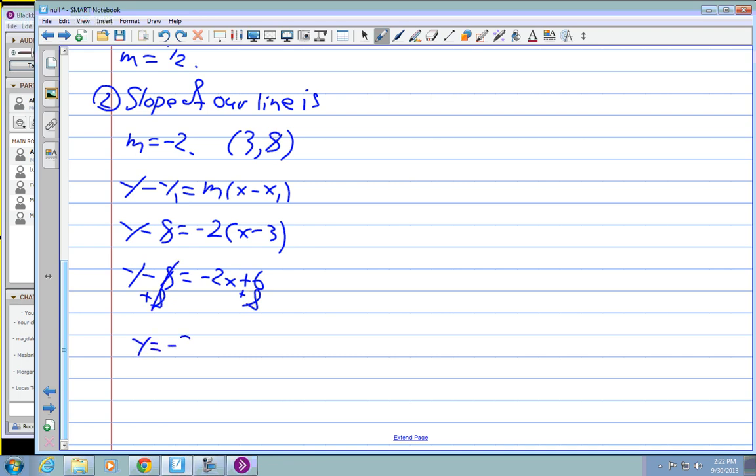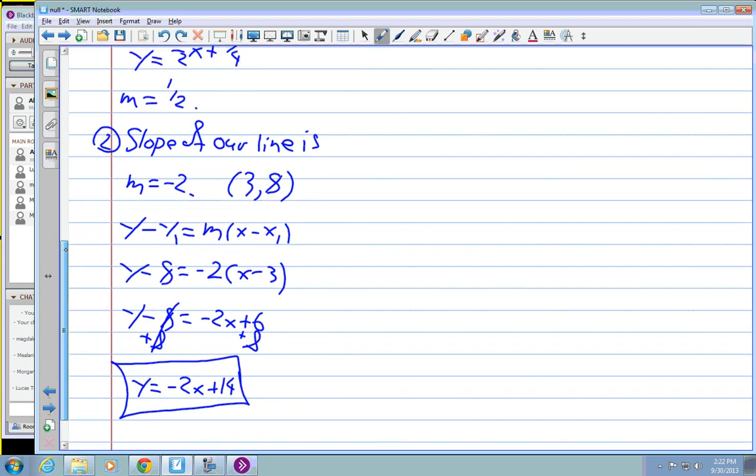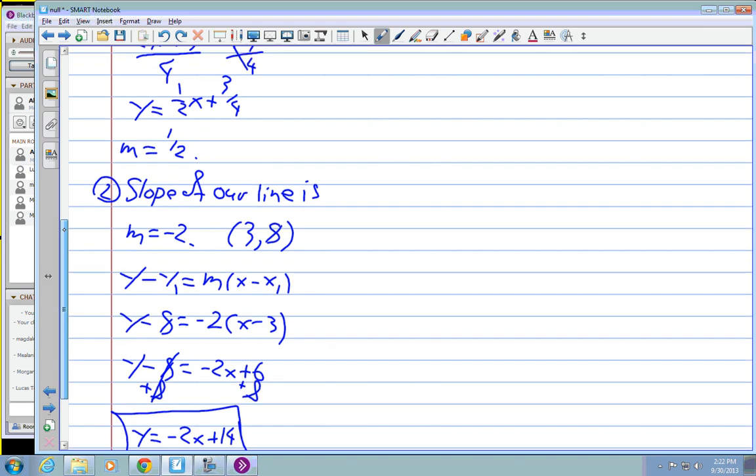Y equals -2x plus 14. It has to be, like, you couldn't do 8 minus y like this. Yeah, you can, I think, but just don't. It'll all get messed up.